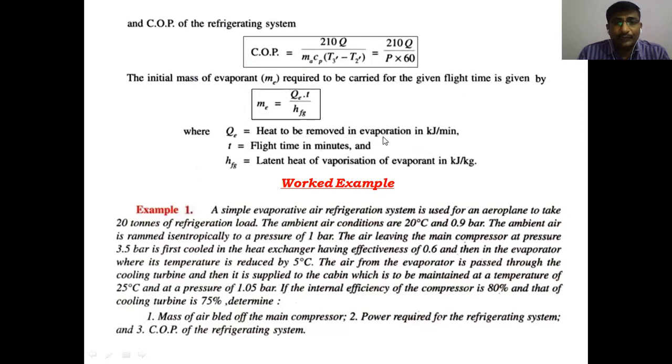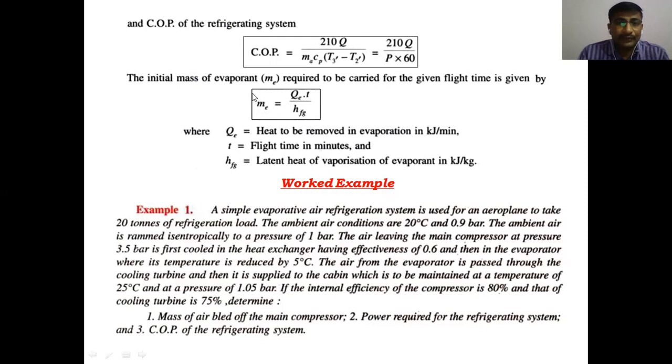This is the heat to be removed in the evaporator in kilojoules per minute, QE, and the time is the flight time in minutes. Therefore, kilojoules per minute times minutes gives kilojoules. This much heat can be extracted in the evaporative vessel, divided by the latent heat of vaporization of the evaporant used in the evaporative vessel, in kilojoules per kg. This is the latent heat.